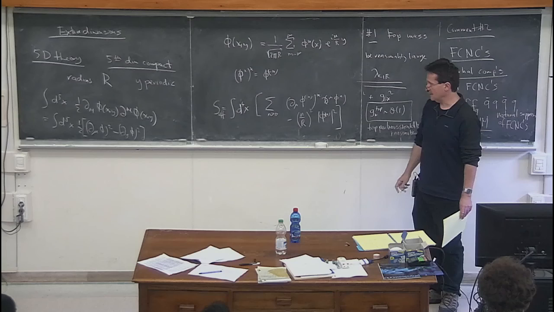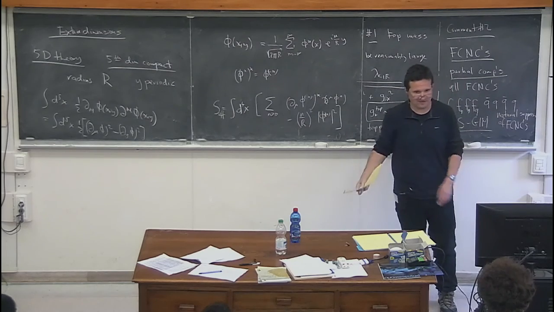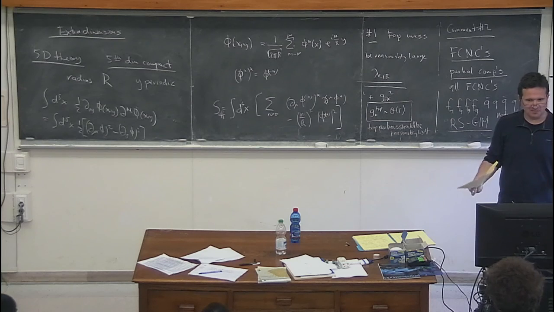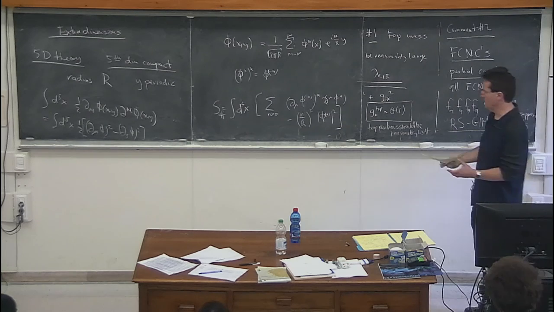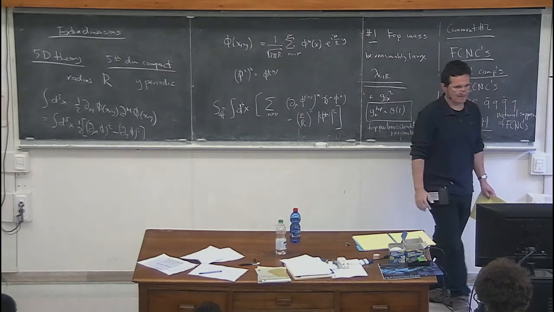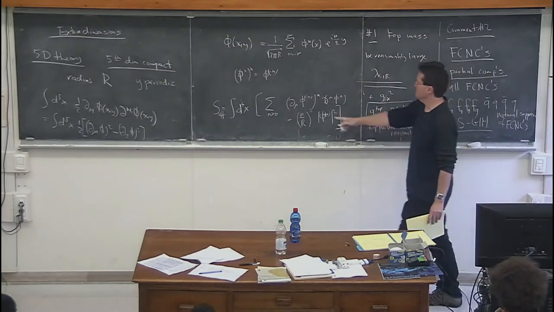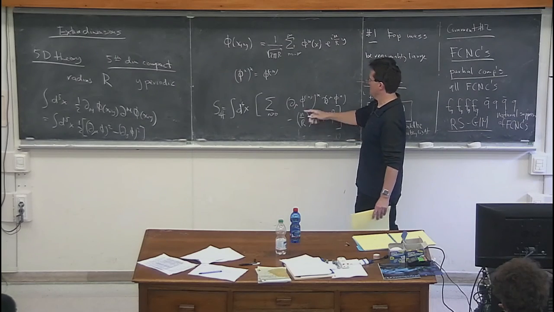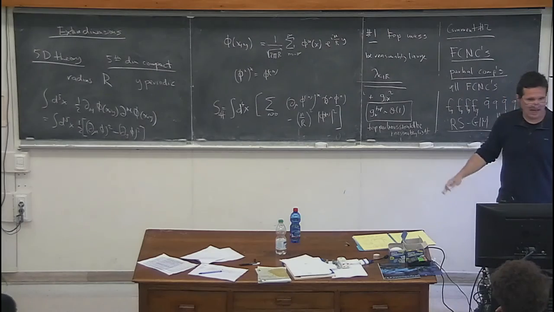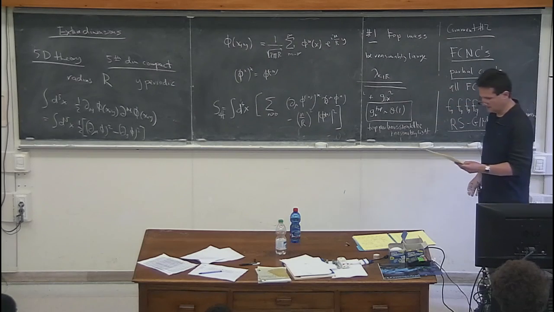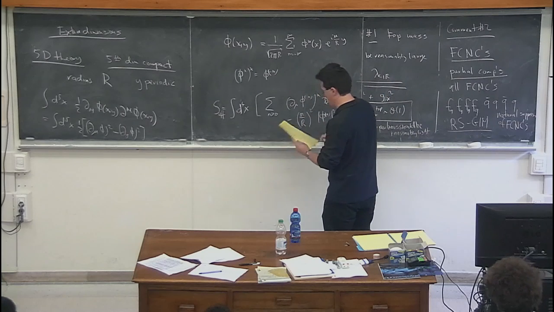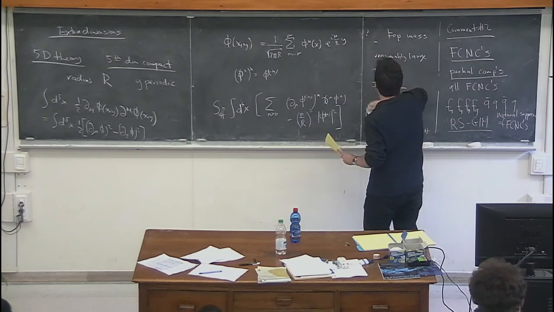It's telling you that you started out with a 5-dimensional field, and from the 4-dimensional point of view, this 5-dimensional field will appear as a tower of massive fields. For n equals 0, you get a massless scalar, but for higher values of n, this will appear as a tower of massive fields. And each mass is going to be given by n²/r².